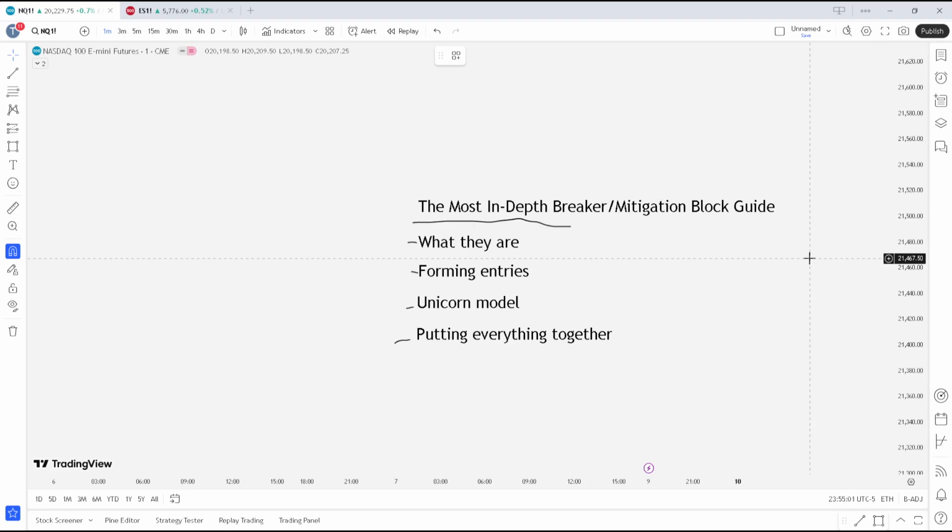So make sure you do take a look at breakers. They are one of my most favorite PD arrays to use, especially with other PD arrays such as fair value gaps, inversions, and BPRs combined.